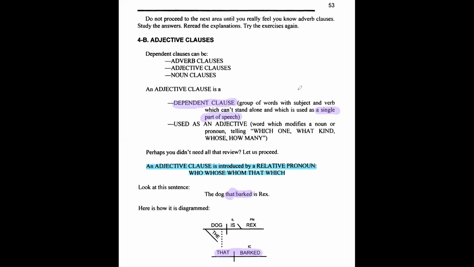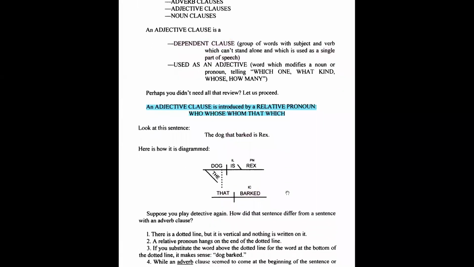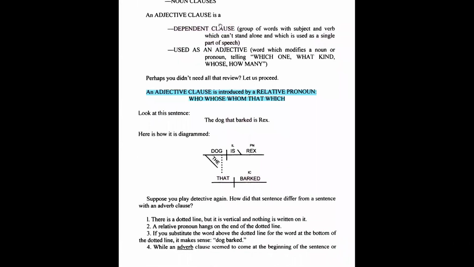But let's look at this sentence from another point of view. The dog that barked is Rex. Here's another way to go about it. Ask yourself, what is the independent clause? The dog that barked is Rex. Where's the verb for the dog? Some of you may think it's barked, but that is actually the subject for barked.